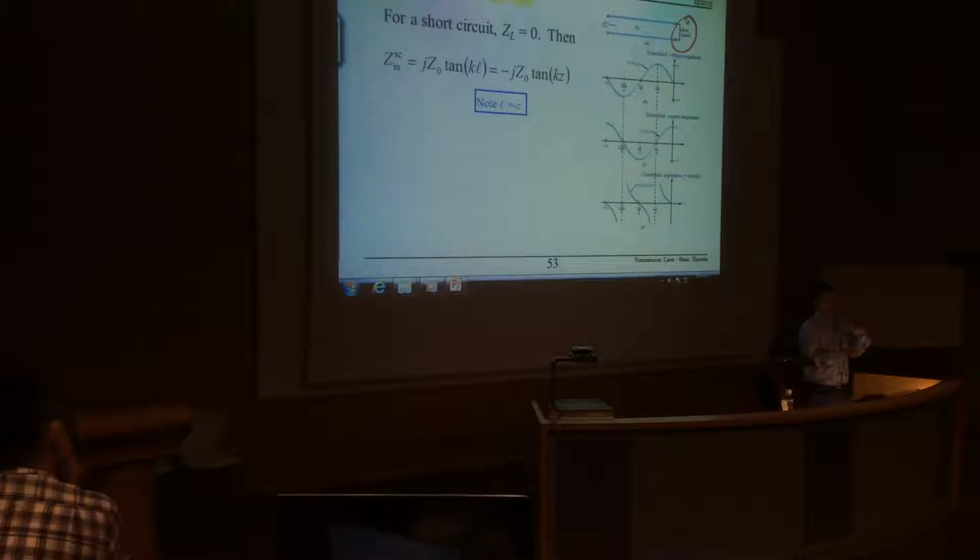The transmission line is on the top and the bottom is the ground plane. At one end we drill a hole and connect the transmission line with the ground plane. Then that is a short circuit.